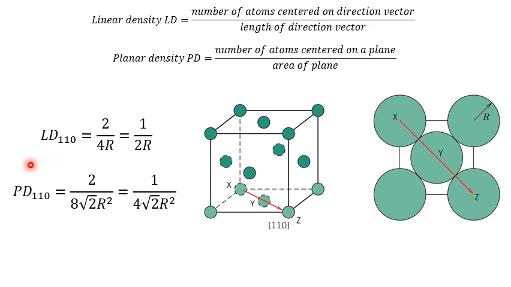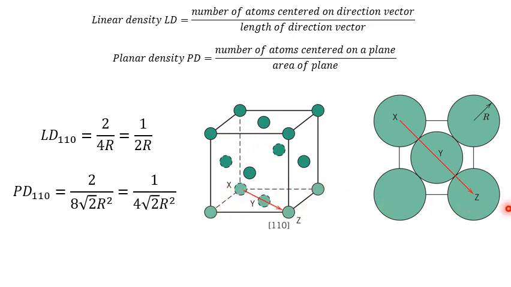The planar density is defined in the same way. It is the number of atoms in the plane divided by the area of the plane. Take the 110 plane, this plane or this plane.